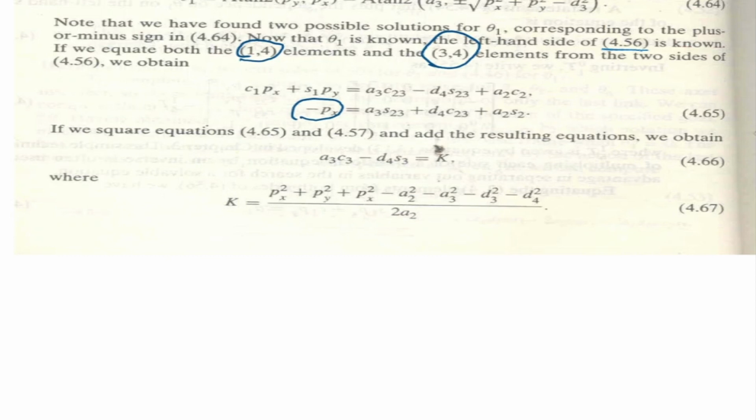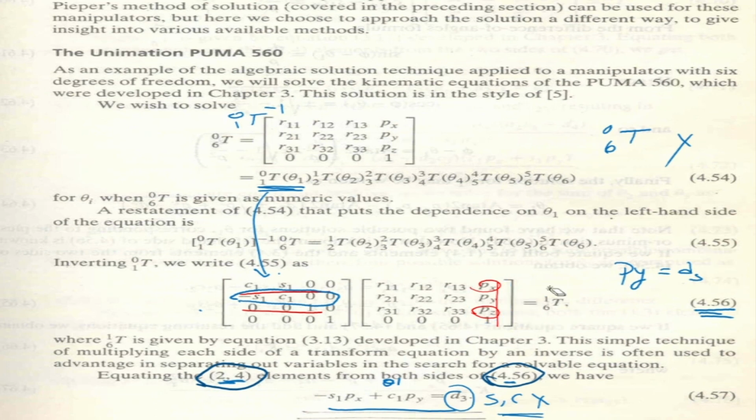4.56 is known. We equate both sides of 1 4 and 3 4. Which equation was that? That equation is 4.56, this one. So we equate the terms 1, 4 and 3, 4. 1, 4 is this one, and 3, 4 is that again.